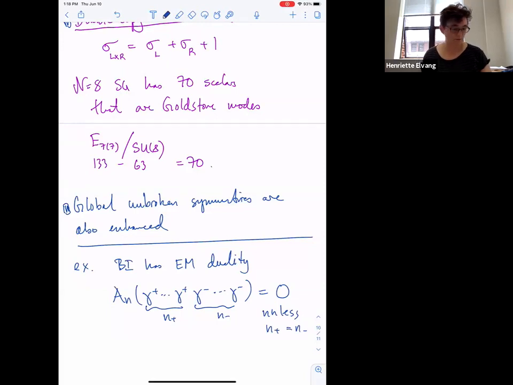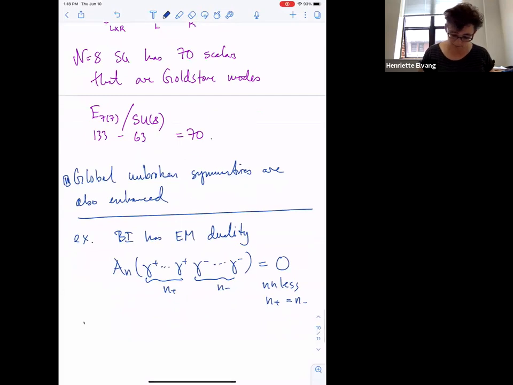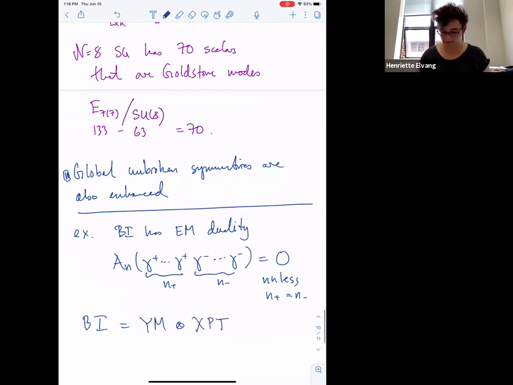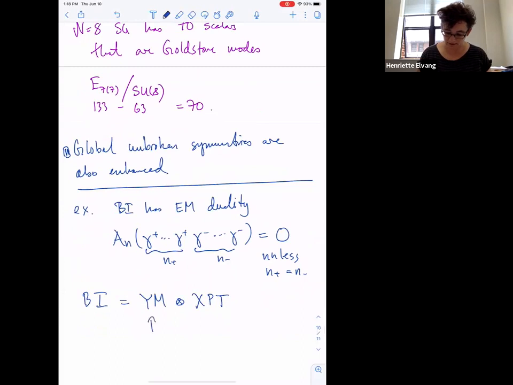That's the effect of electromagnetic duality for the tree-level amplitudes. But Born-Infeld, I've told you now, is supposed to be a double copy of Yang-Mills with this chiral perturbation theory. Chiral perturbation theory just has scalars, so it doesn't know anything about helicities. But Yang-Mills amplitudes have, of course, so this was Born-Infeld, this is Yang-Mills.